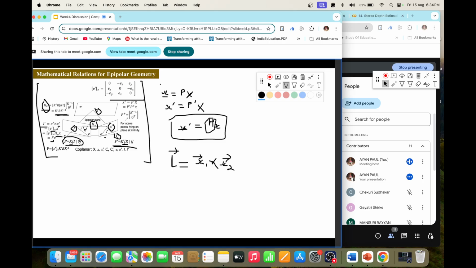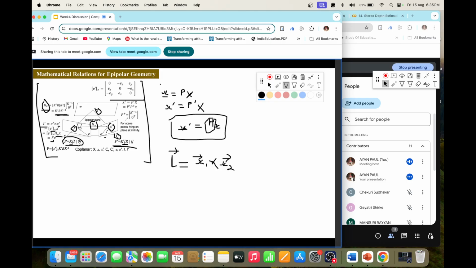Now as there are two image planes, one left and one right, if we need to transform our left image point to the right image point, we have to multiply it by a homogeneous matrix, because we are doing the homogeneous projection of one point from one image plane to another.